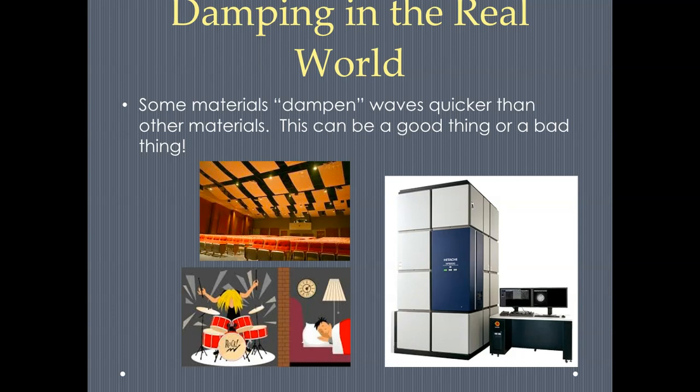Now, an example up in the top left in that image, those are panels up on the top of that concert hall. It's not just there for like an artistic representation of some sort. The job of that is to actually reflect or bounce the sound waves off without dampening them.